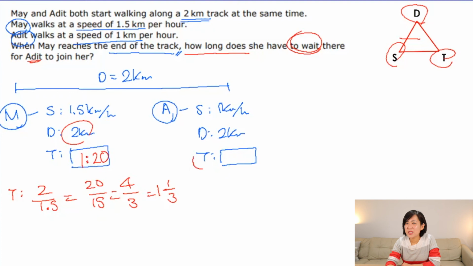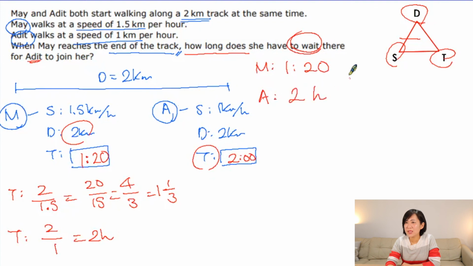Then Adit's time is 2 km divided by 1. Easily you can see it's 2 hours. Now let's see that our final goal is how long May needs to wait for Adit. May takes just 1 hour and 20 minutes, but Adit takes 2 hours. So she needs to wait 40 minutes.